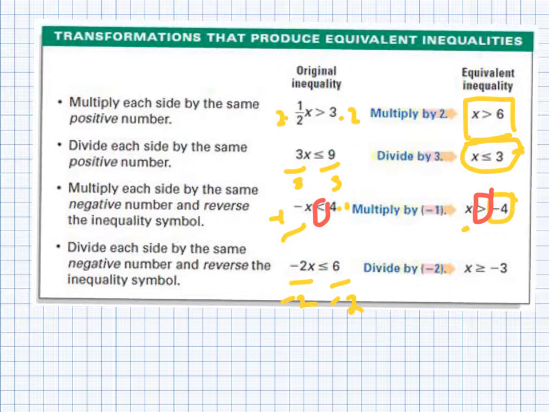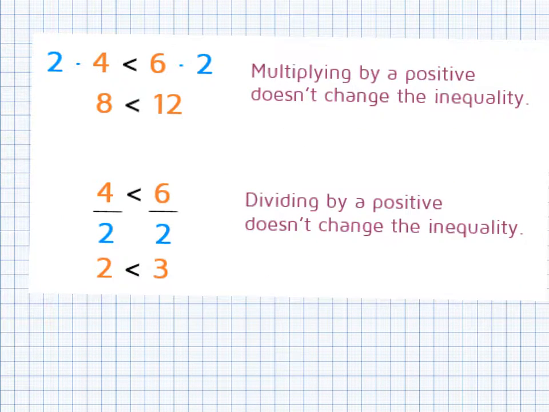We end up canceling out the 2's on this side, so we end up with x right here, and then negative 2 into 6 is negative 3, and we have reversed our sign from less than or equal to, to greater than or equal to.